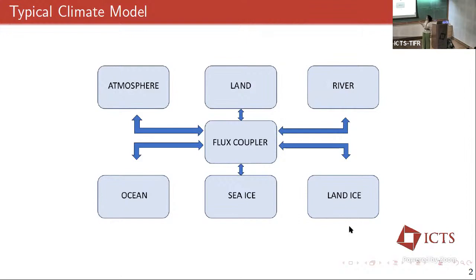So what do we mean by this? If something goes wrong in the ocean, that will affect the atmosphere. How? Through this flux coupler. So representing this flux coupler properly is a very important part of any coupled modeling system. This is a coupled model because all these components are coupled together via this flux coupler.